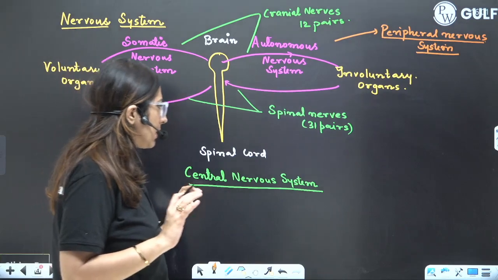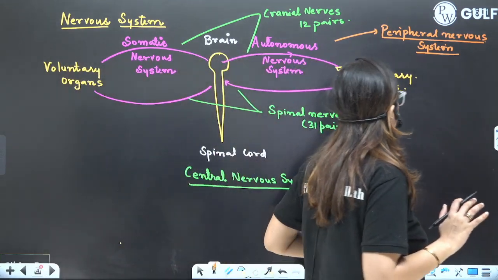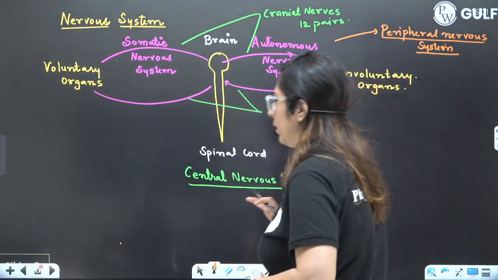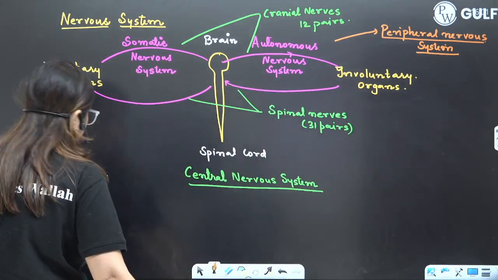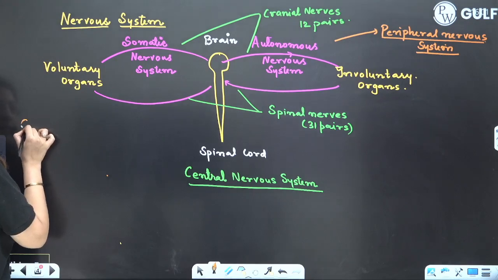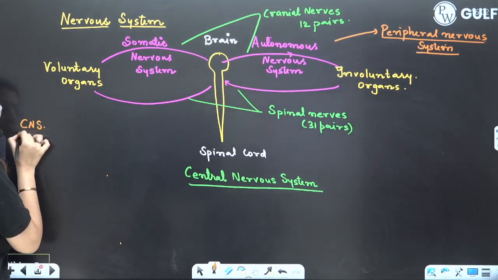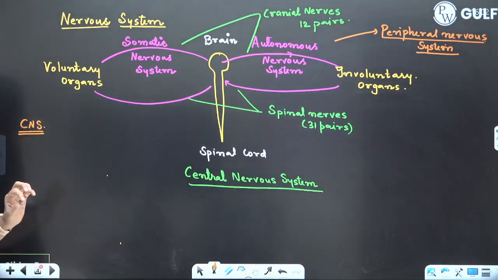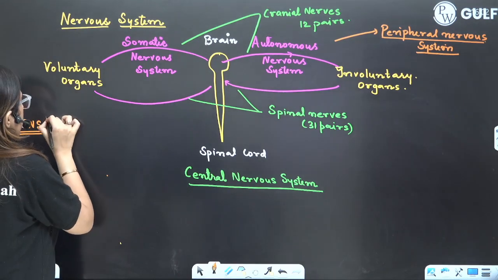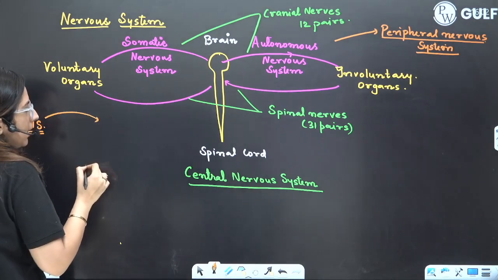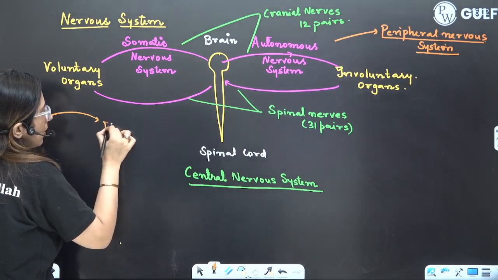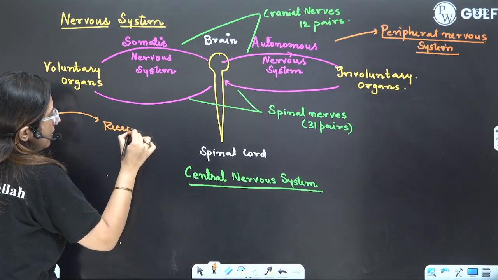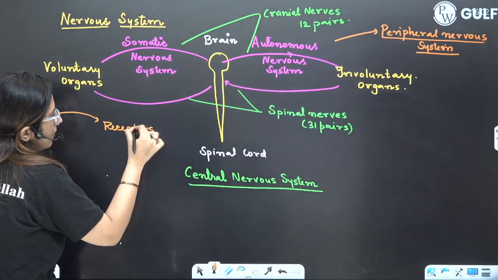Now again, listen very carefully. Suppose this is a central nervous system. From your receptors, these are your receptors, right?